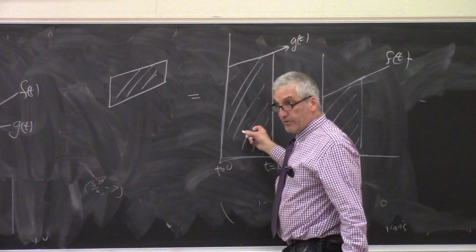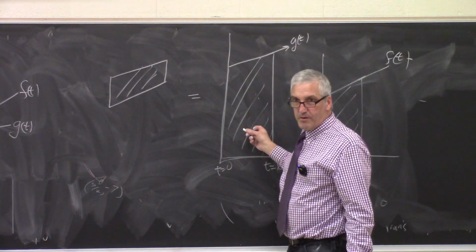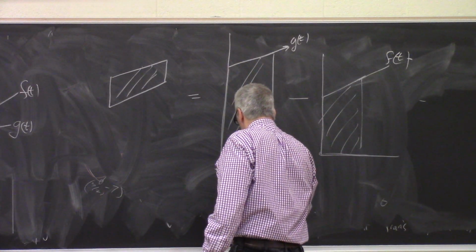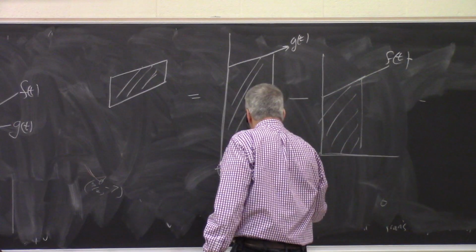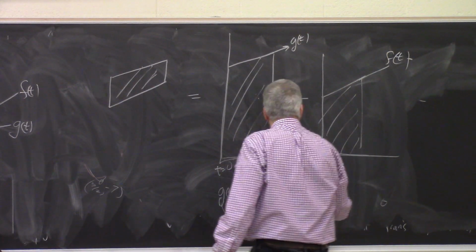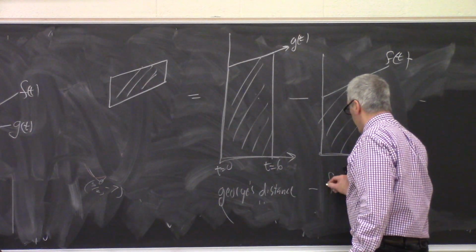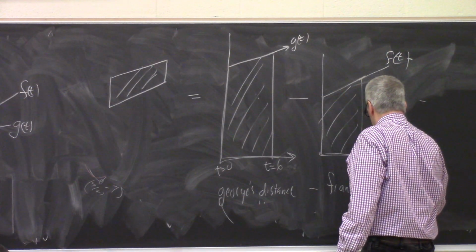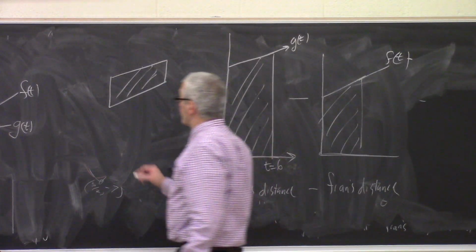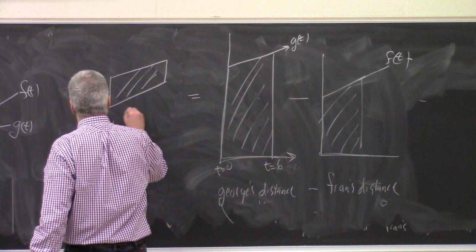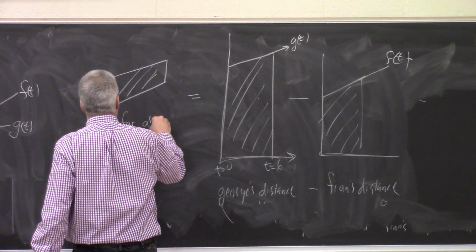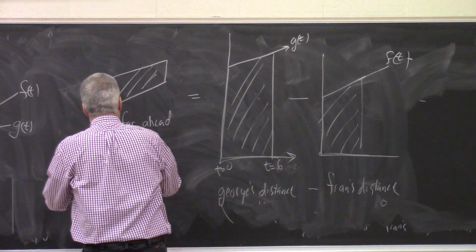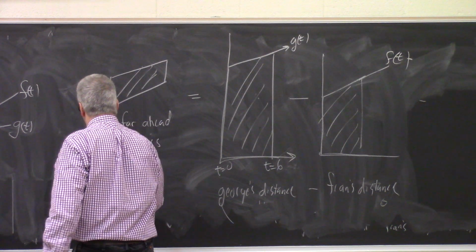The area under the velocity graph is the displacement, or the distance traveled. This is George's distance, and this is Fran's distance. And so, as Kenzie said, this is how far ahead George is at time 6.